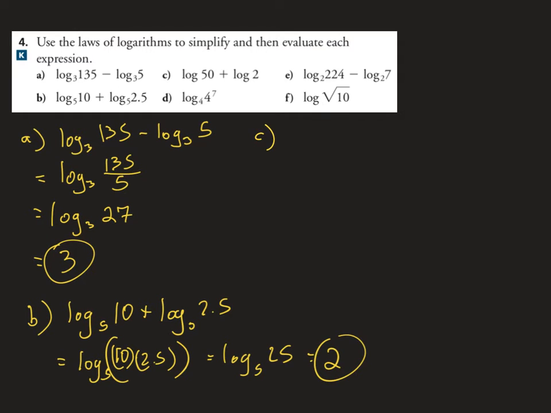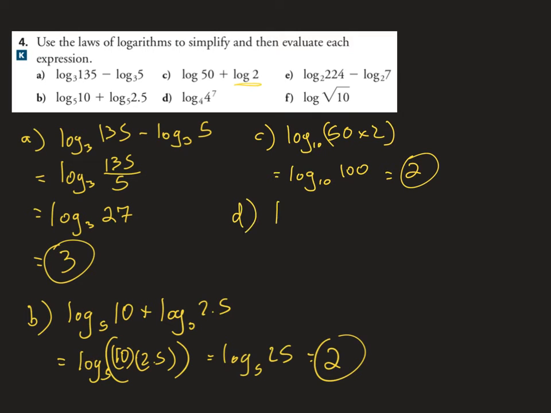Part C. Log base 10 of 50 times 2. So that's going to be log base 10 of 100, which equals 2. Part D. Log base 4 of 4 to the 7. Well, that's just going to equal 7.